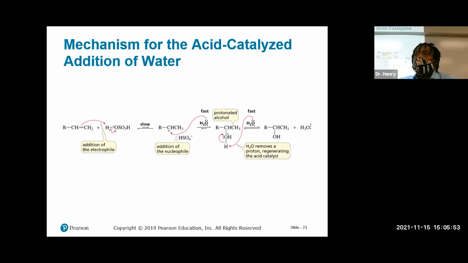Then it goes from that hydrogen to the oxygen. So this process is going to be the slow part of the reaction. So this is the rate limiting step.